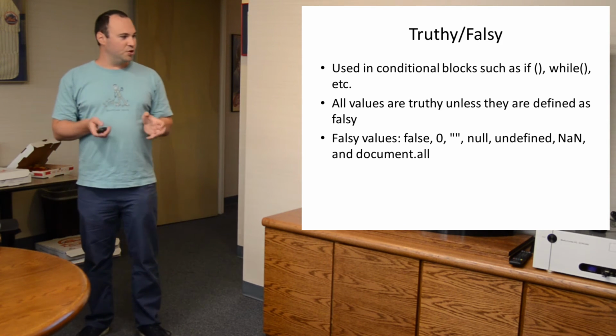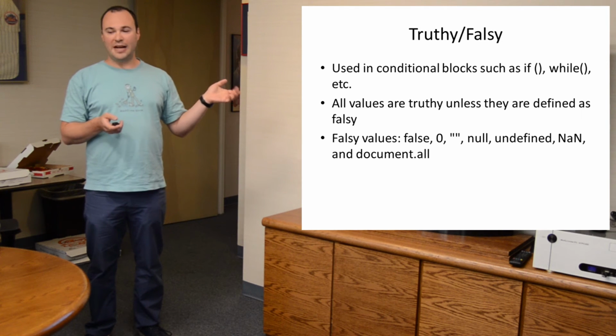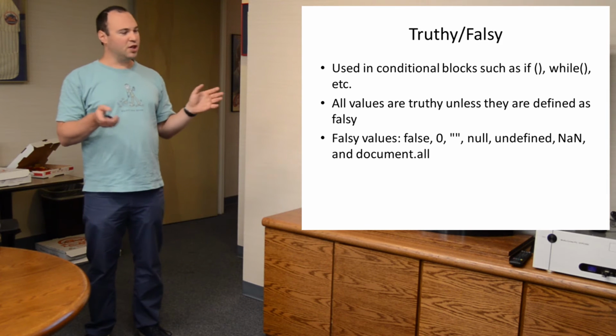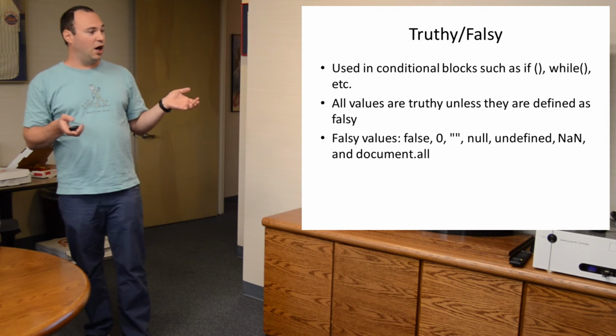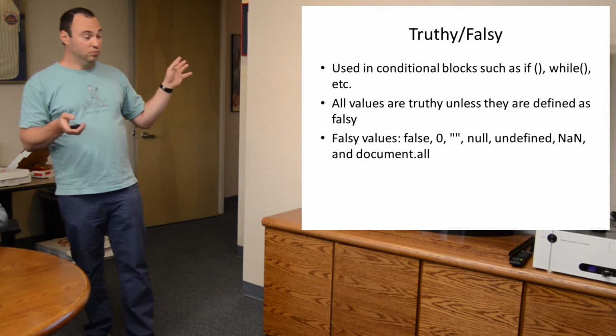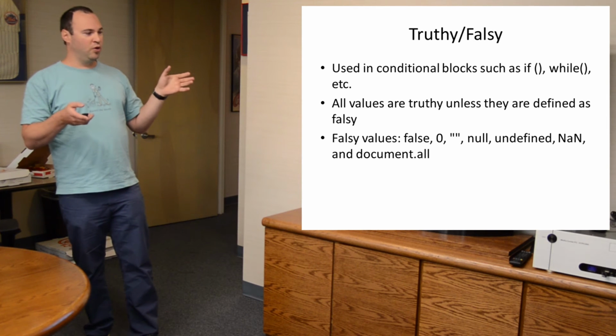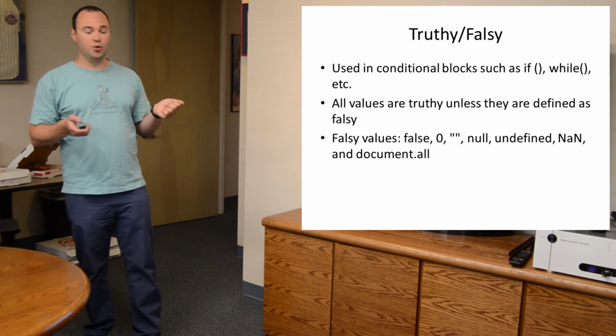As a bonus to this talk, because it's kind of short, the truthy and falsy values in JavaScript, which are kind of related to equality. This is basically used in conditional blocks, if, while, for, whenever there is an expression that's being checked whether it's true or false.